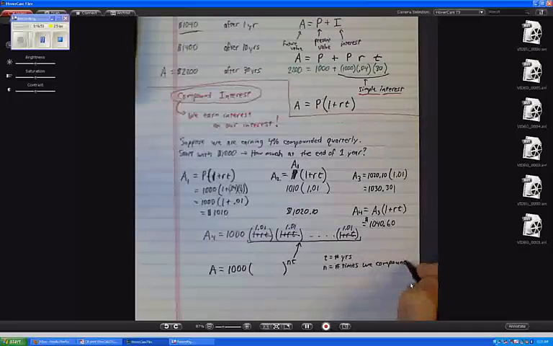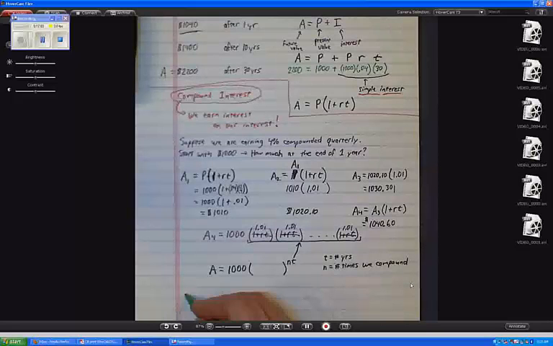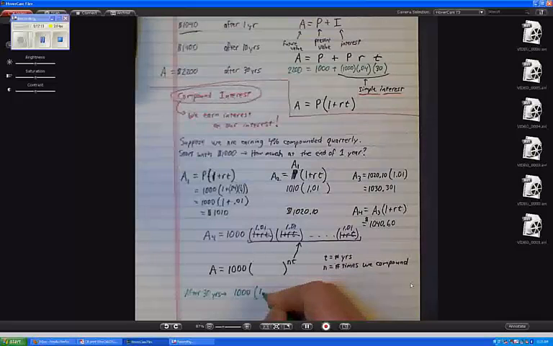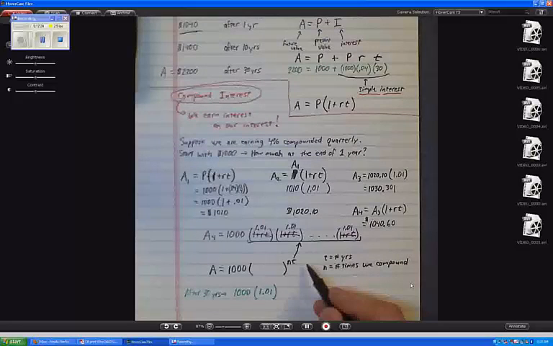Okay? And so, for example, if I want to use this formula to figure out how much money, say, after 30 years, well, what would we do? We would do 1,000 times 1.01 raised to what power? Well, what's n? The number of times we compound is 4.